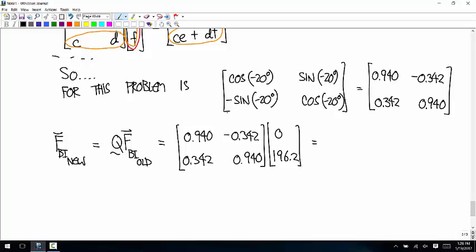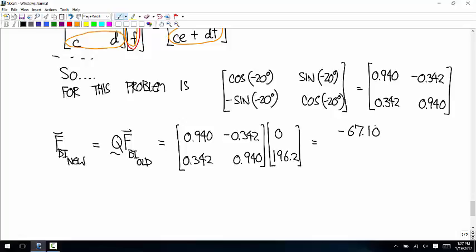And what you get out is, what's negative 0.342 times 196.2? I don't have a calculator on me. 67 point what?